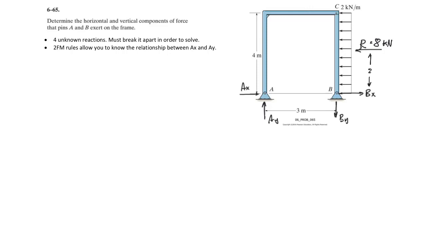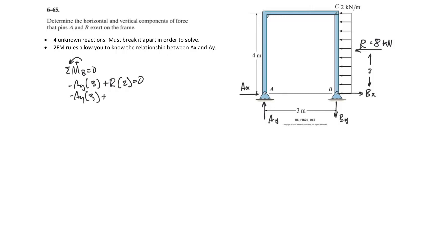All right, let's try to find as many reactions as we can before we break it apart. So I'm going to sum the moments about B. AX goes through B, but I have negative AY times 3 plus the R times 2 is equal to 0.